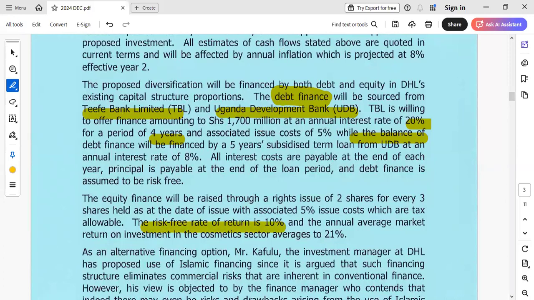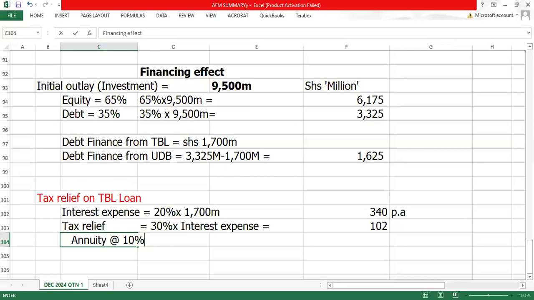For how many years? You're going to 4 years now. Pay attention here. Remember, you are discounting the tax relief. You are not discounting the interest expenses. You are discounting the tax relief.